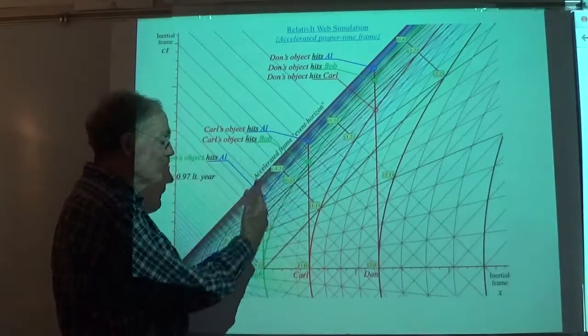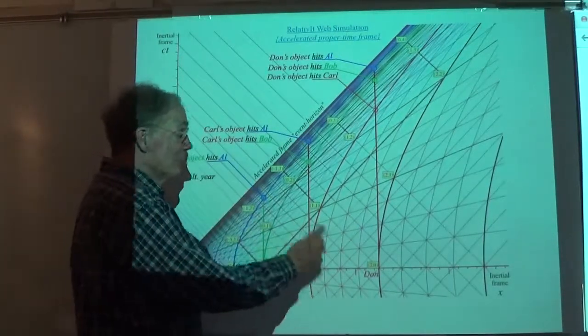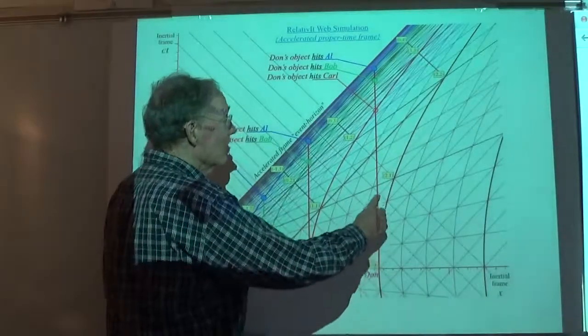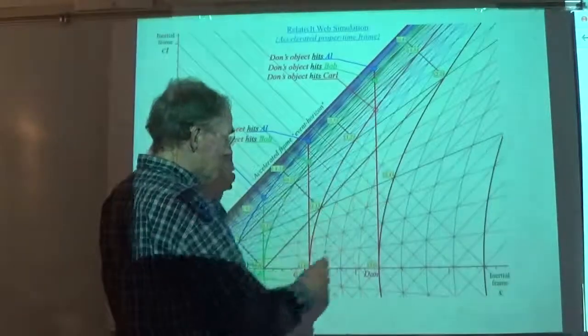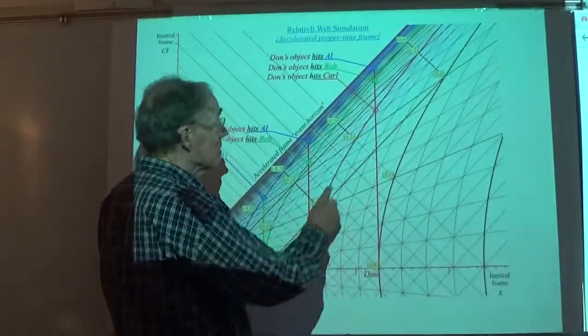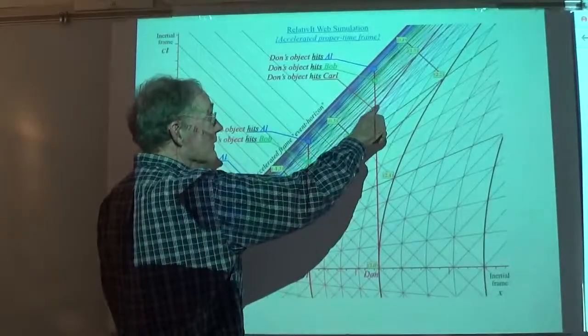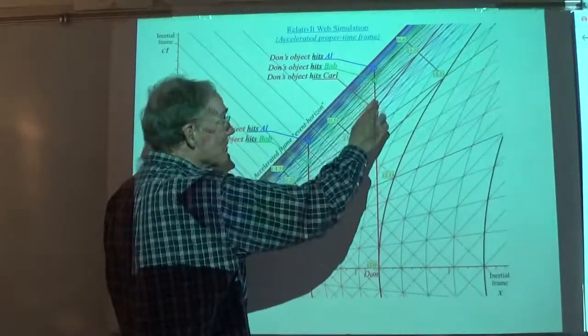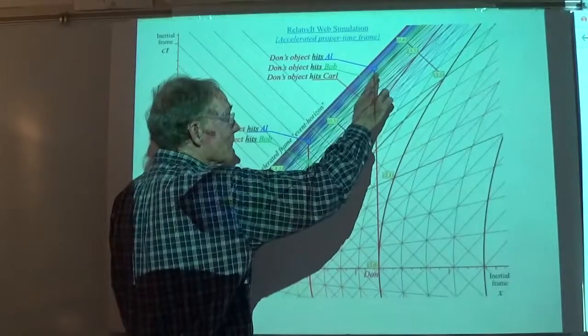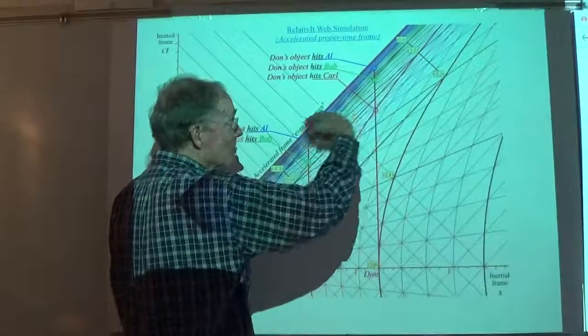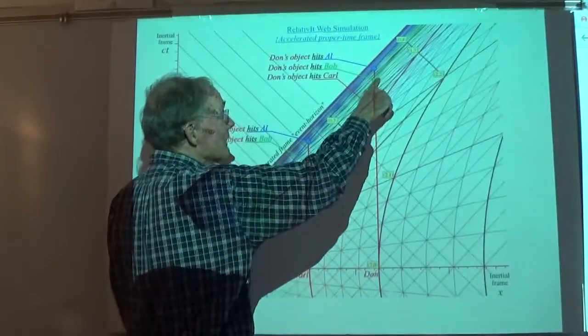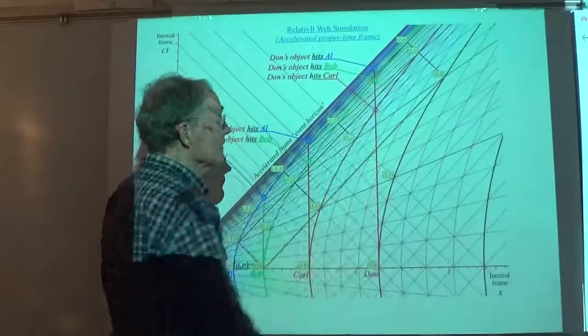So it's just a straight line up. But of course, Dan will hit Carl with that wrench right there, and then the wrench goes through and keeps going at the same speed relative to them or anybody else. Here it is. Bob gets hit, and then finally Al gets hit.